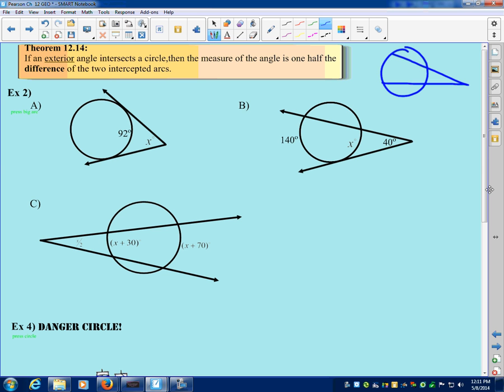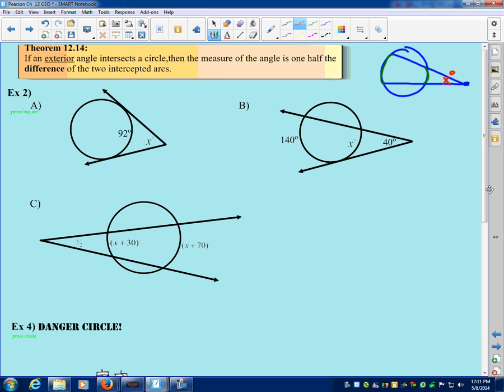The two secant lines, or a tangent and a secant line, or two tangent lines even, that meet outside the circle, then you take and subtract the two arcs that I'm highlighting in green, and then divide by 2 to get this angle x. So when the two segments meet outside of the circle, you're going to subtract the two arcs that it intersects. Subtract the arcs. And then divide by 2.